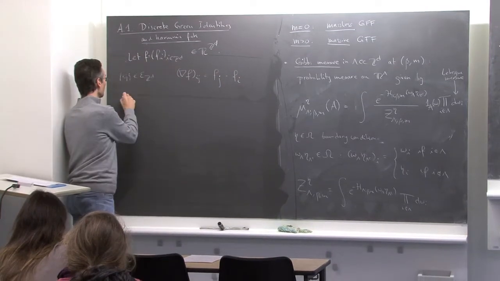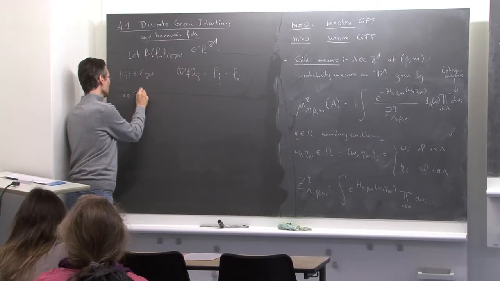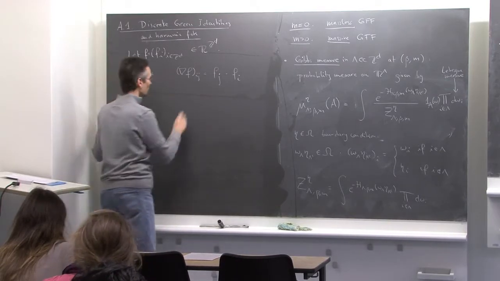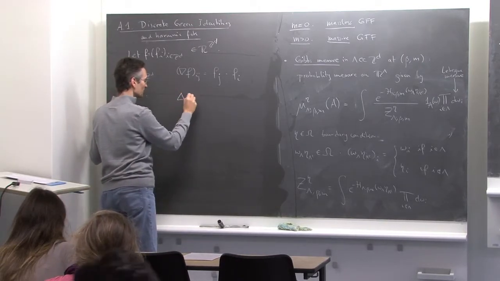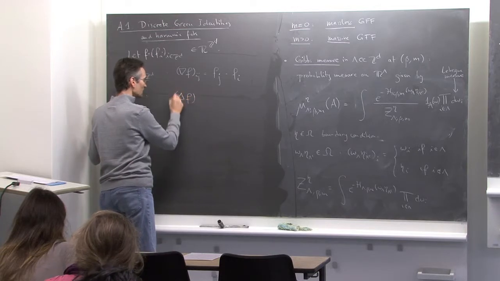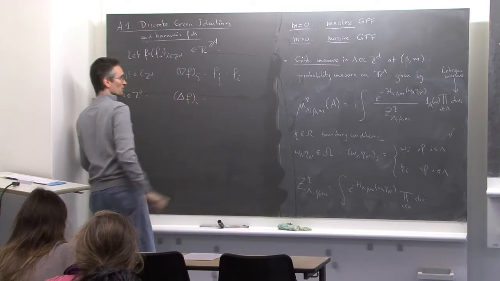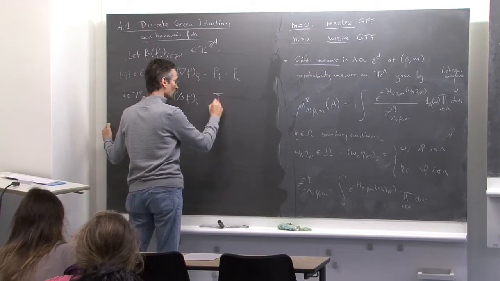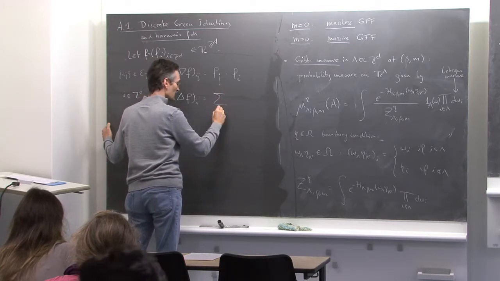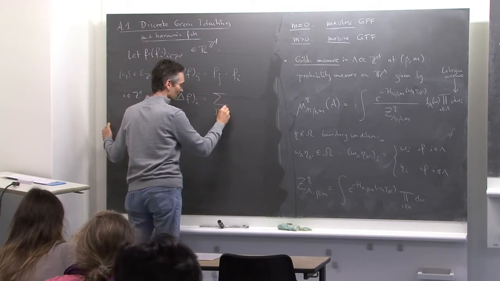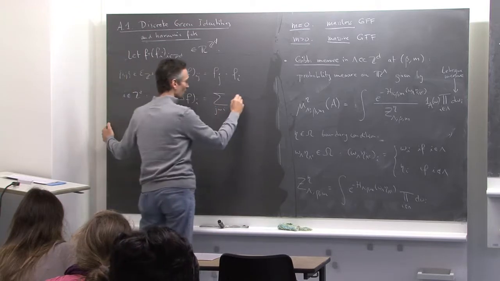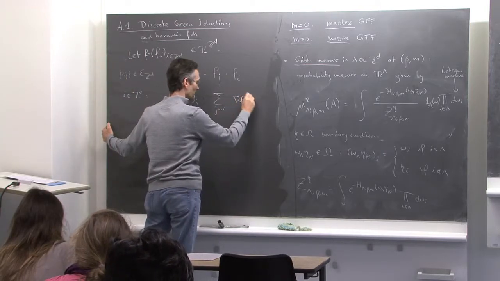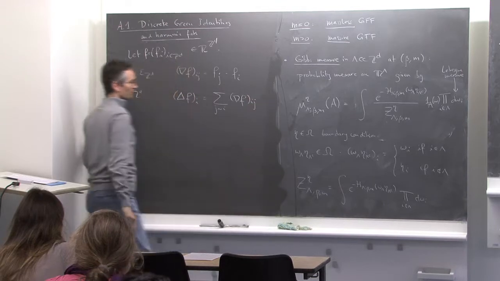And I also want to define, for any i in Z^d, the discrete Laplacian. Let me write it like that. At i, this will just be the sum over all j neighbor of i of the gradient f ij.